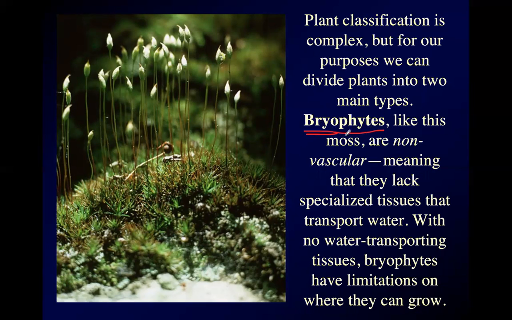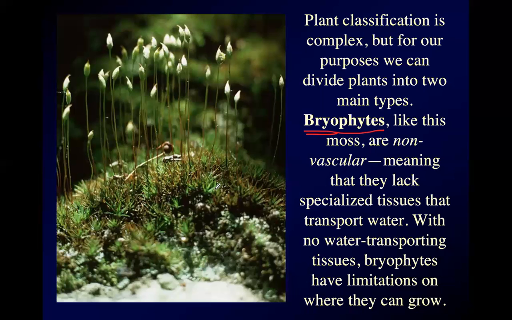Anyway, bryophytes don't have specialized tissues for transporting water. Bryophytes tend to be small. They tend to grow only in moist areas. There are some mosses that can grow in deserts, but they're actually able to go into suspended animation whenever it gets dry, which is pretty much most of the time.